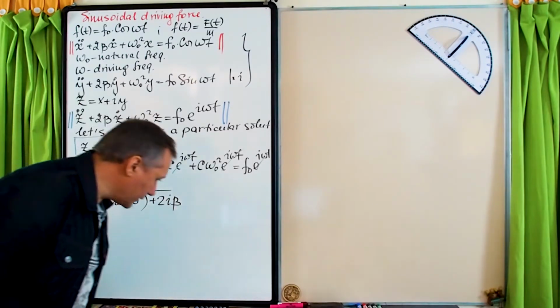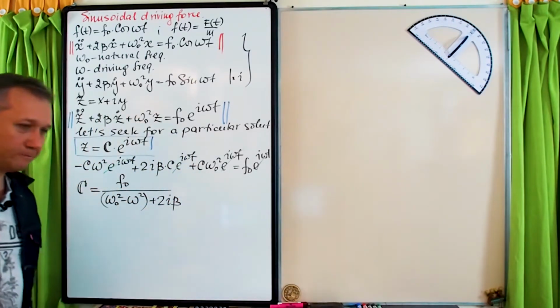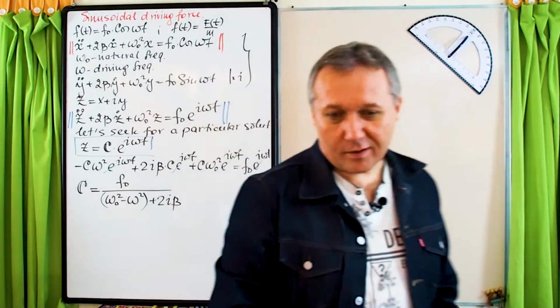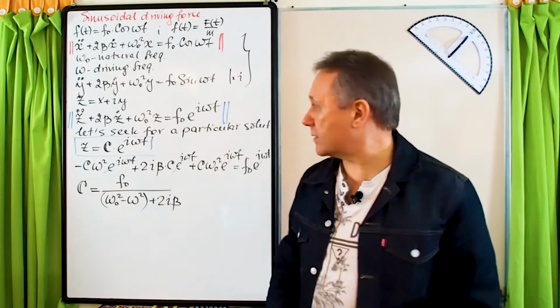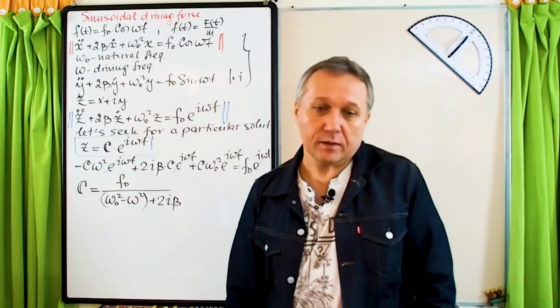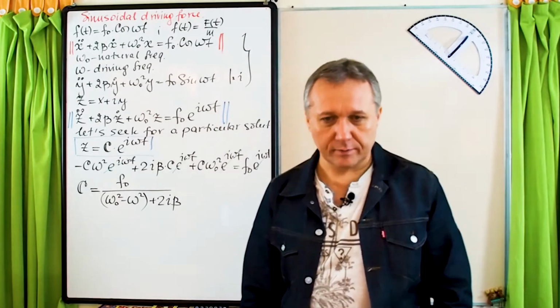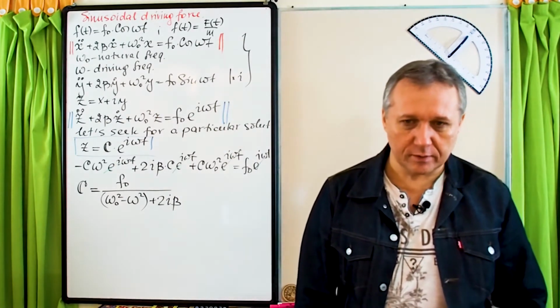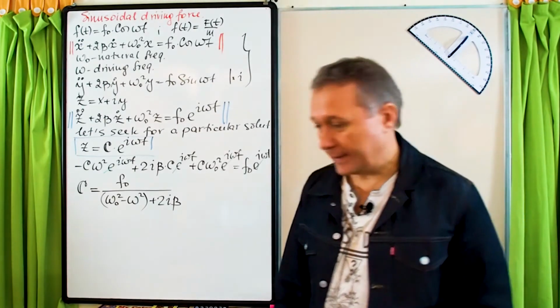Okay, let me check if I got it right. So that's the constant. With this constant, this function is a solution, because you can have a gazillion particular solutions of this inhomogeneous differential equation.